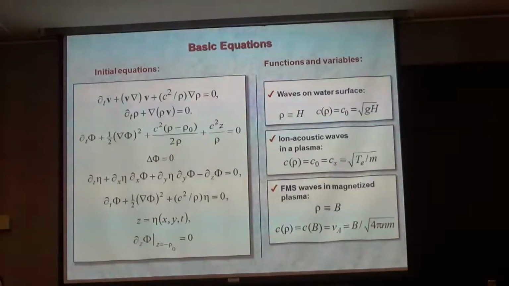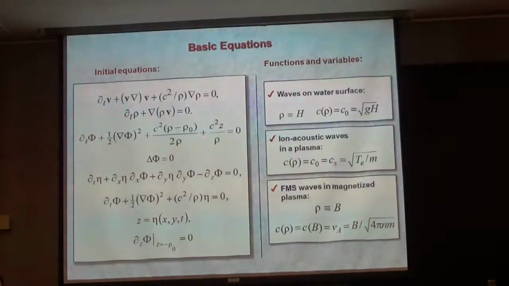Next example, ion acoustic waves in a plasma. In this case, C is ionic velocity. And next example, the fast magnetosonic waves in magnetized plasma. In this case, rho has a sense of dimensionless magnetic field, and C is the Alfvén velocity.